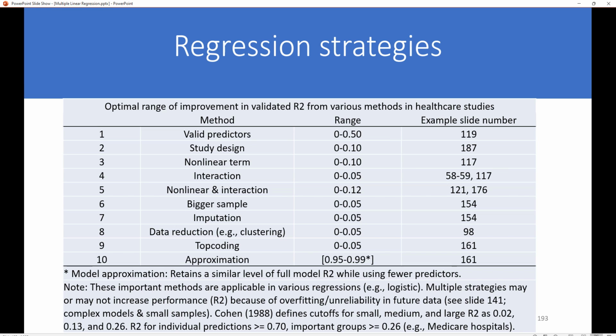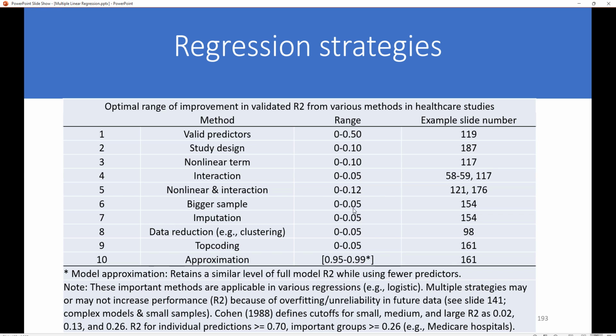You can do that by reducing the number of predictors. So with a much more parsimonious model with fewer predictors, you can retain about 95 to 99% of your full model's R square. And it's important to note these methods are applicable in various regressions.